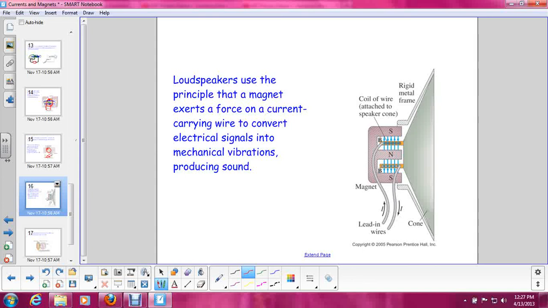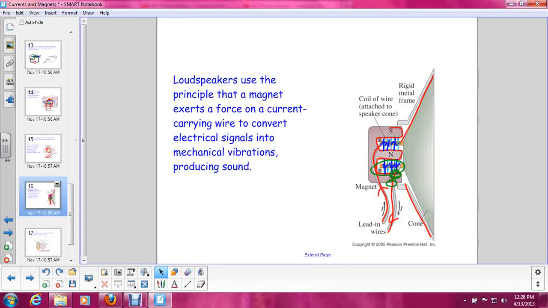If you were to look inside a speaker, you would see a cone here, and that's what is actually vibrating to put out the sound. You have magnets in here as well, and those magnets produce a magnetic field, and they go from north to south. Now, when you run a current through these wires, so you've plugged your loudspeaker into the wall and you get a current, the current produces its own magnetic field, which interacts with these magnetic fields and produces a force.